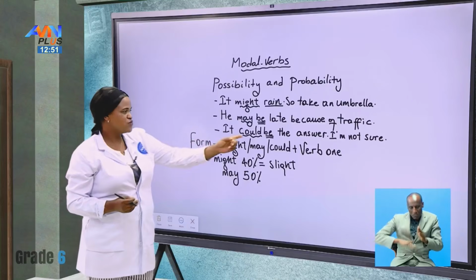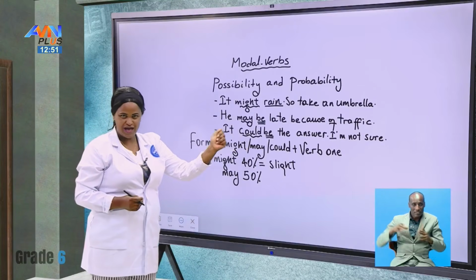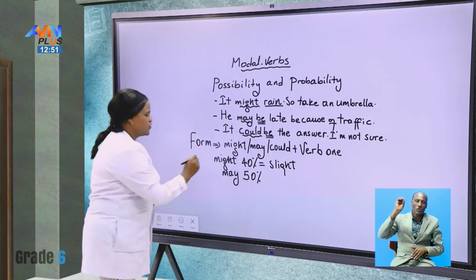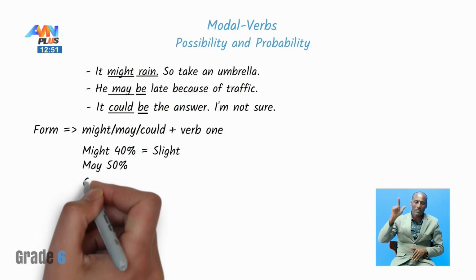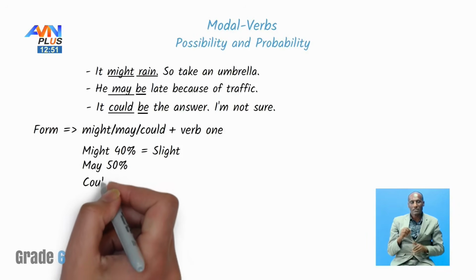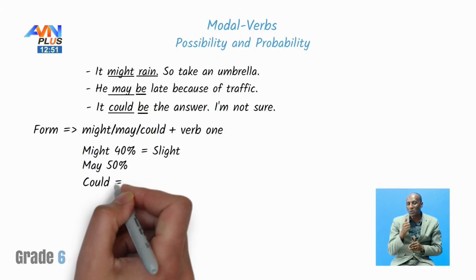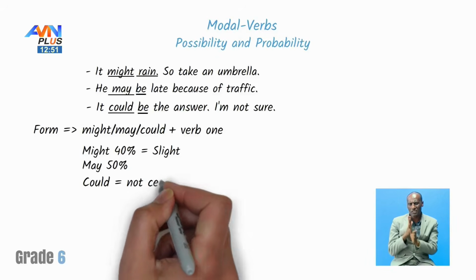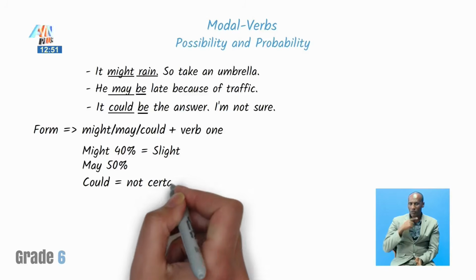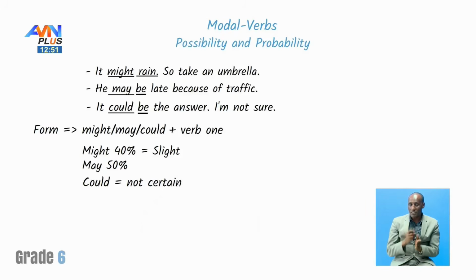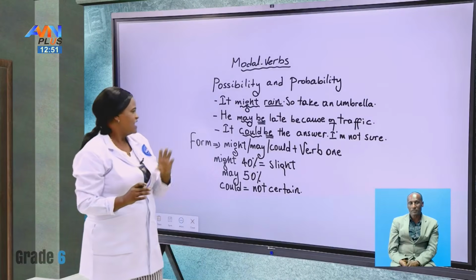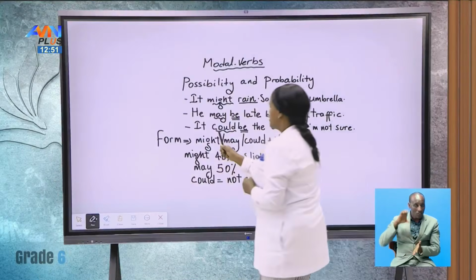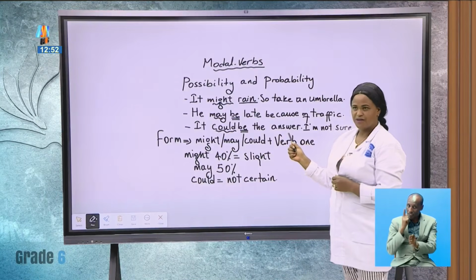Let's come to the third one. The third one is could. In the case of could, when you use could to express possibility, that means it is for something which is not certain, or if you are not sure. Let us see this example. What did the student say? It could be the answer.